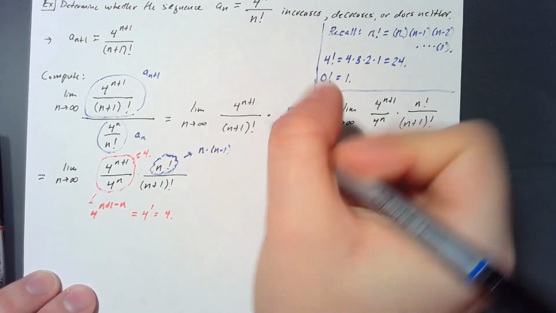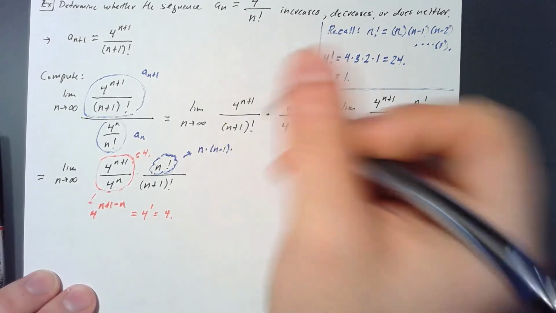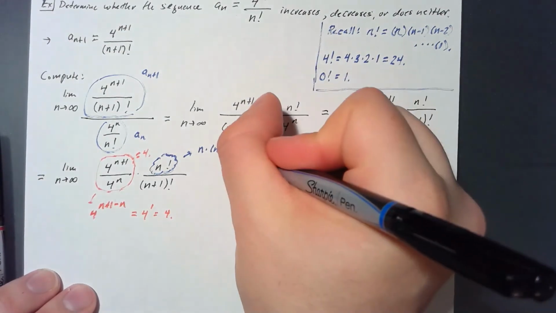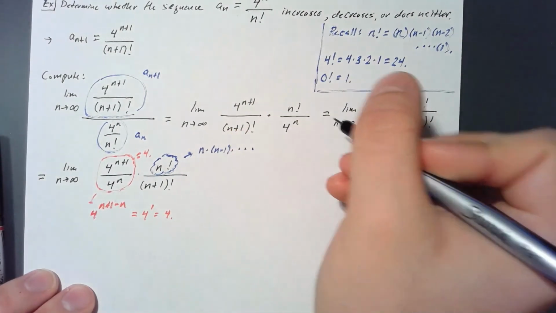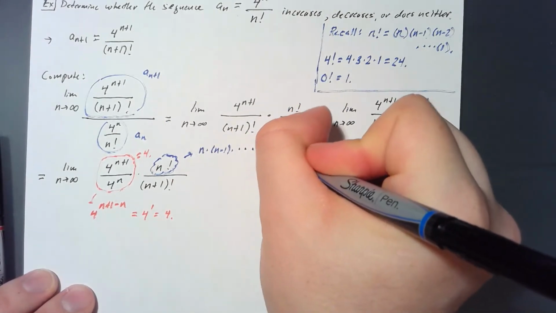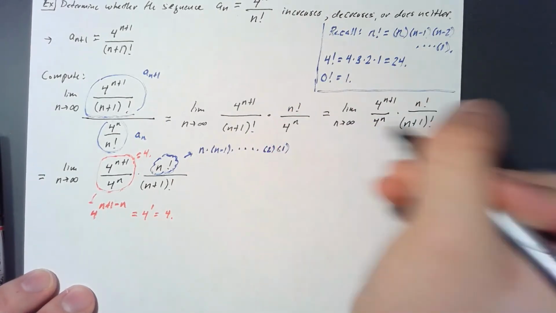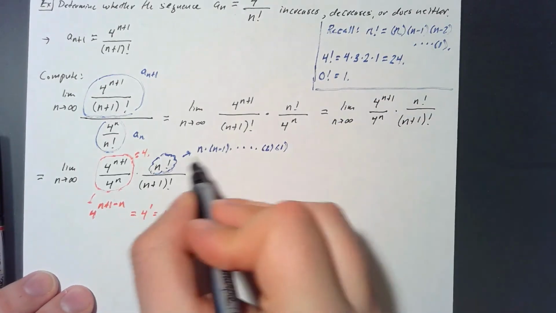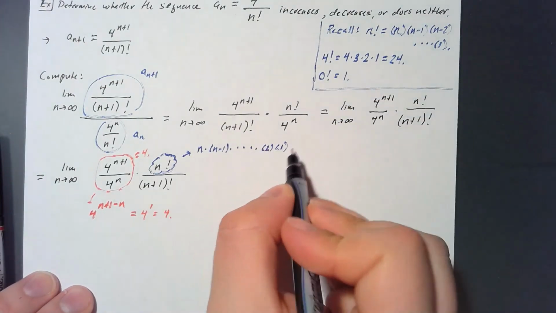And I could keep going, but eventually I'm going to go all the way down to dot, dot, dot, times 2, then times 1.